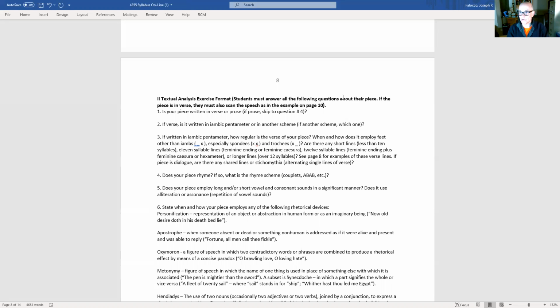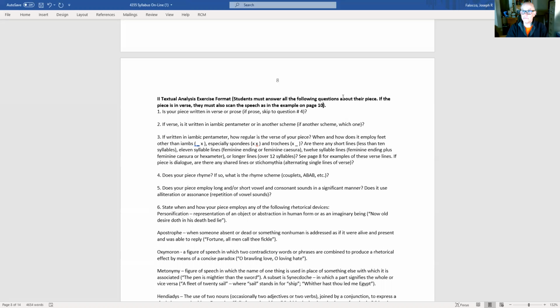Trochaic tetrameter, on the other hand, it's tetrameter, so there are only 4 feet, and each foot, rather than being an iamb, unstressed, stressed, is a trochee, stressed, unstressed. So a line of trochaic tetrameter goes da da da da da da da da, x dash x dash x dash x dash. Okay, as in that speech by Puck.